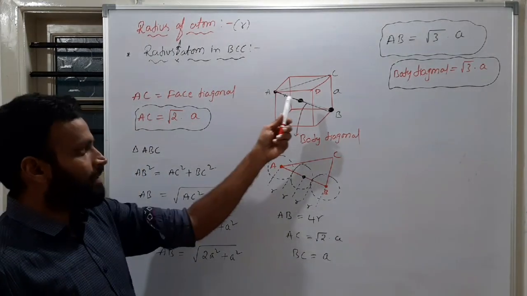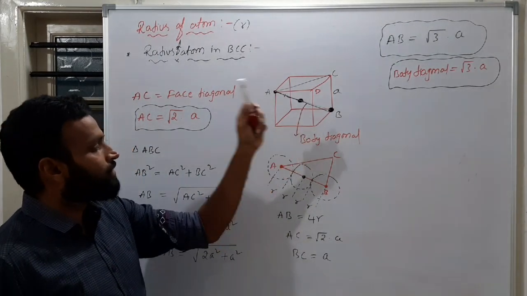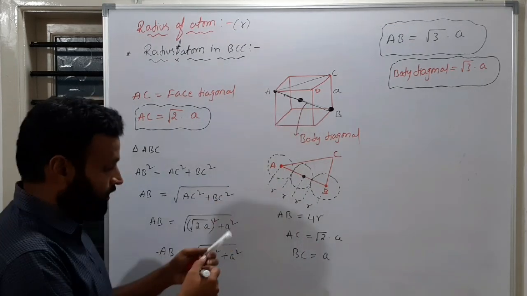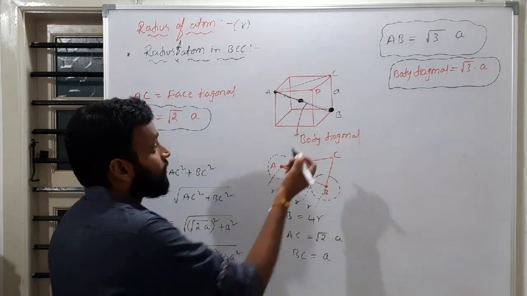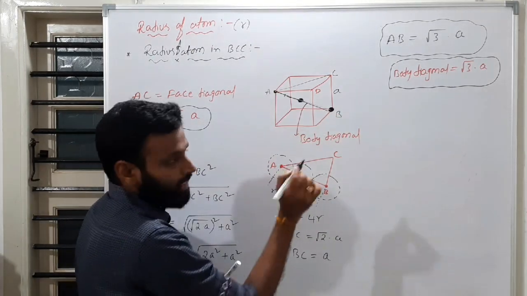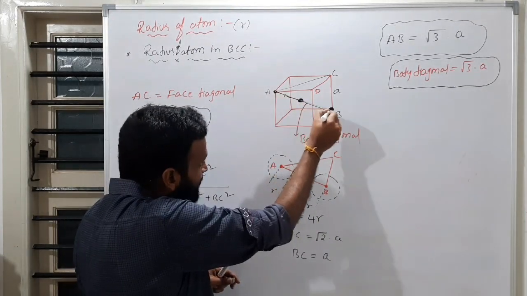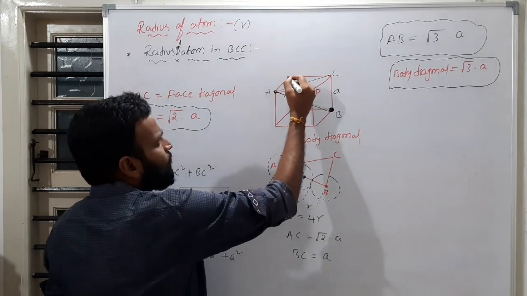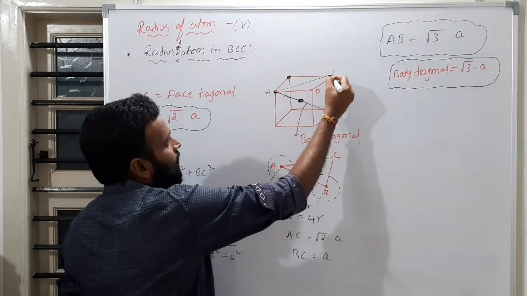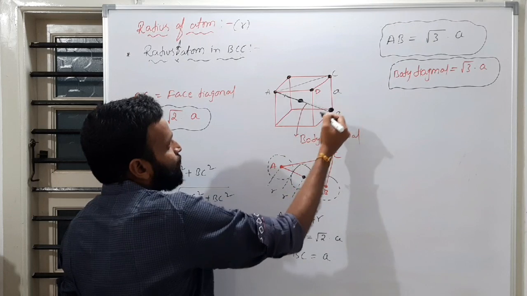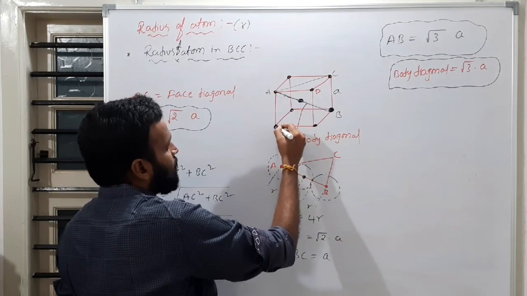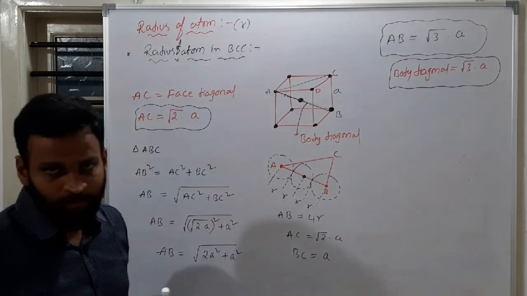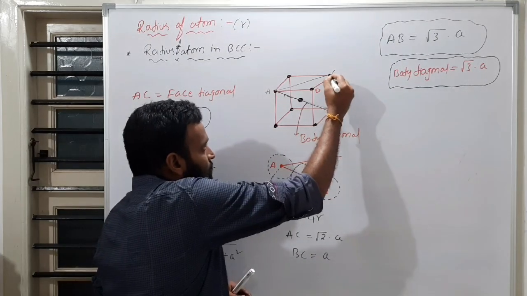I am considering body centered cubic. I considered only 2 corners, but don't think like that: in body centered cubic there are 8 corners. I considered only the body diagonal atoms, and if you want, I can write all the corners like this, 4, 5, 6, 7 and 8, but I am considering this one to this one.